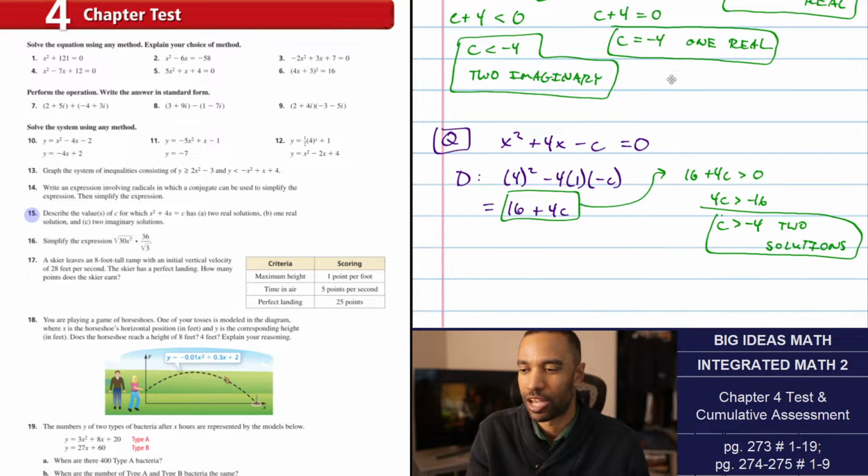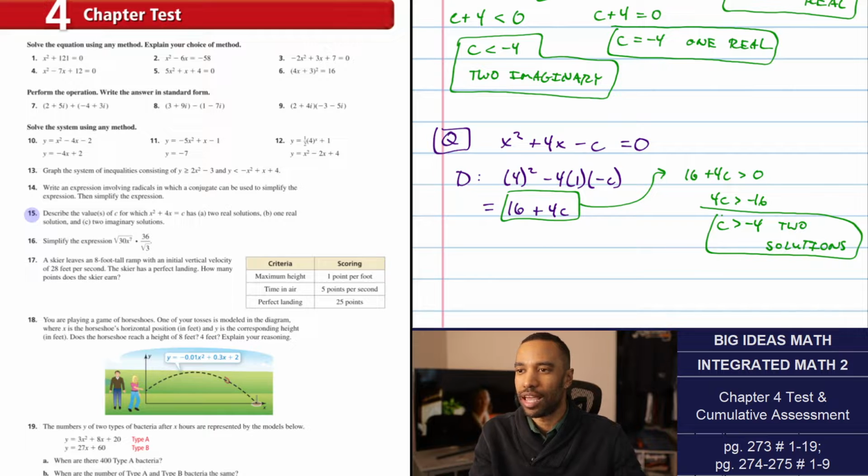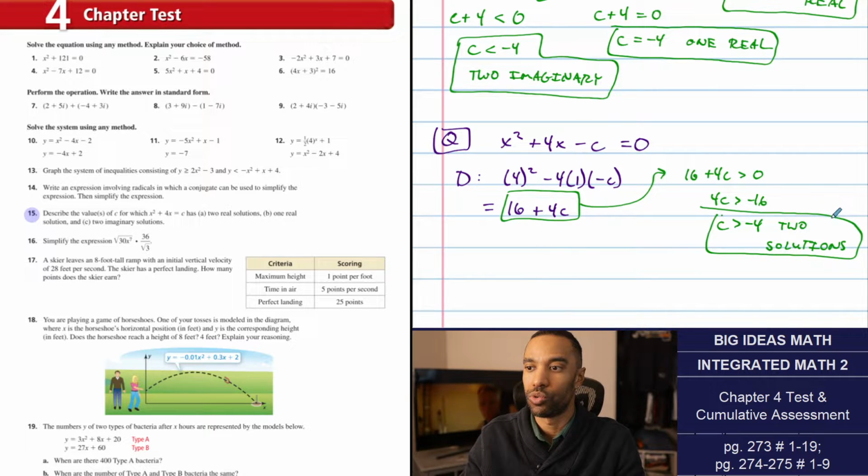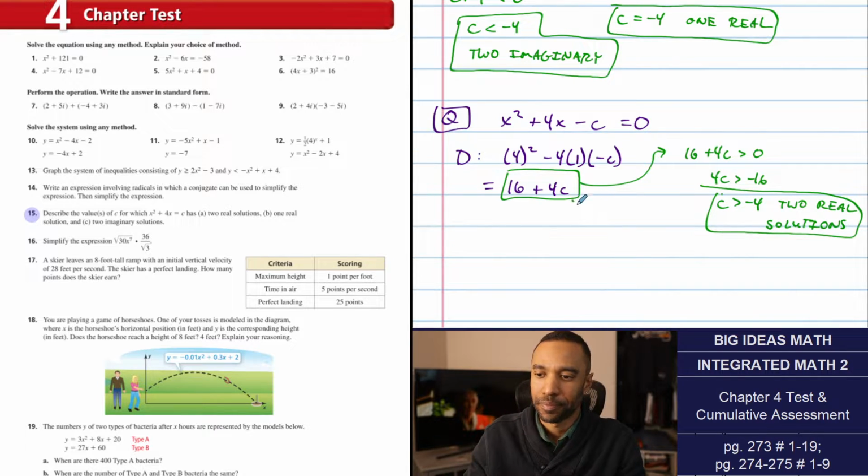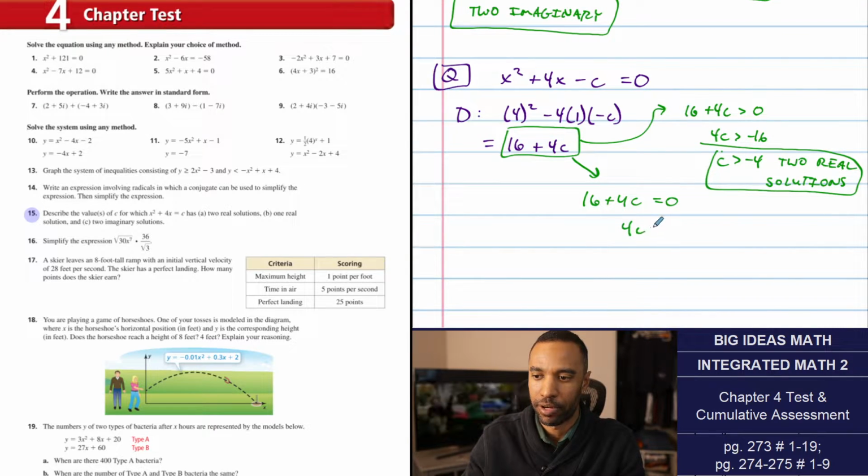Okay. Let's talk about that again. If C is greater than -4, you get two real solutions. If 16 plus 4C equals 0, you subtract 16 and divide by 4. That's one real.